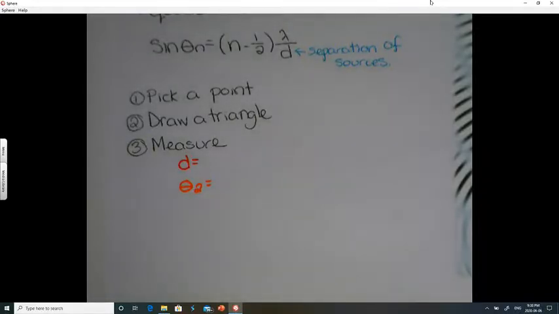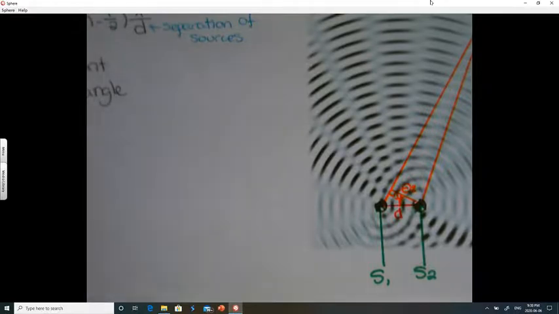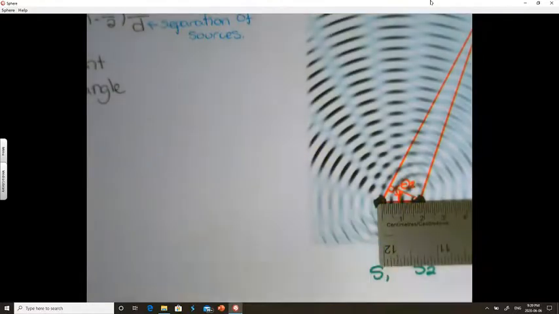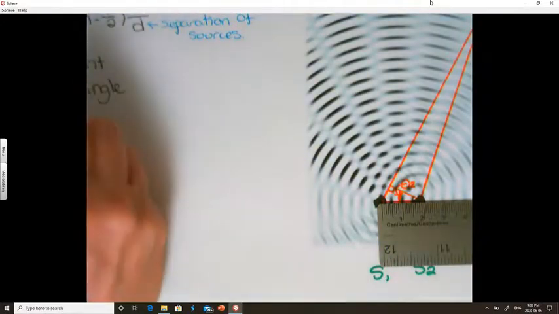So I'm really hopeful that you all have a ruler, or maybe you can print one off of the internet. I'm going to take my ruler here and figure out what our d value is. So we're measuring the distance between the centers of our two sources. And I've got about, let's say, 1.85 centimeters.